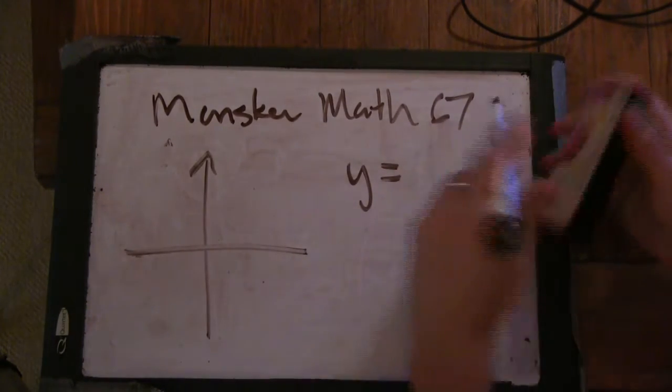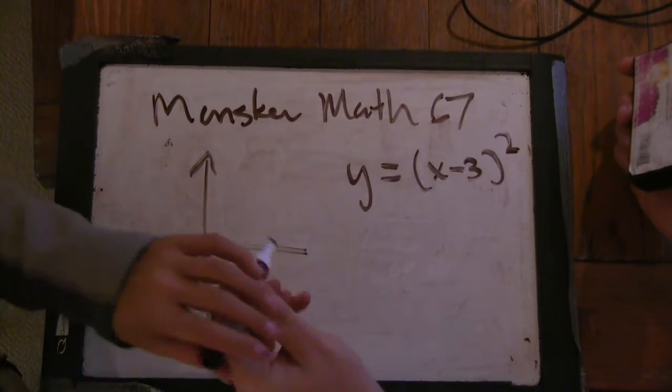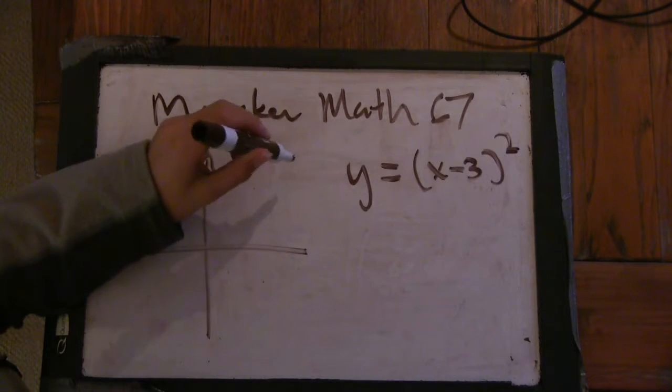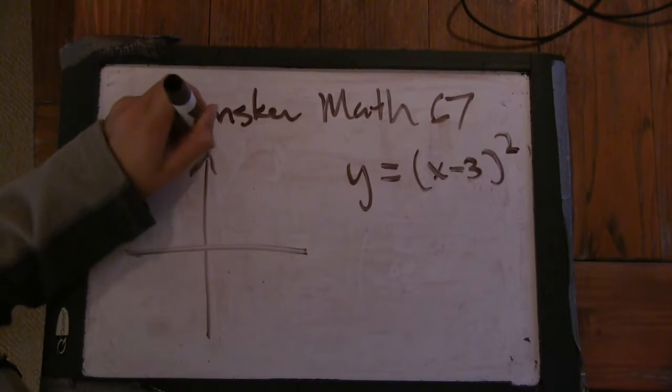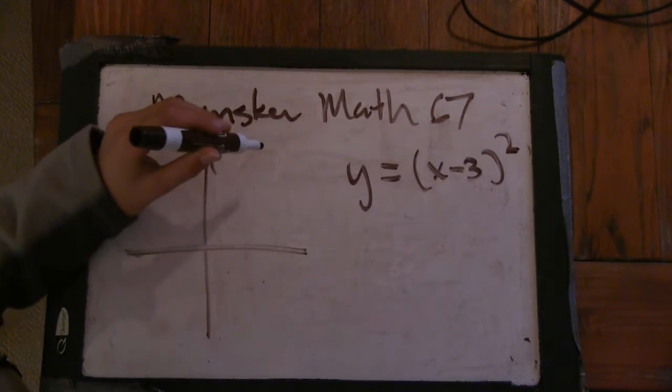Now maybe a more interesting change: y equals x minus 3 squared. What happens here? Well, when x is 0, y is 9, so up here. It's different for 1 and negative 1. When x is 1, y is 4.